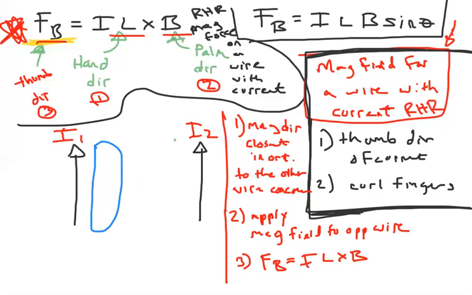And for I2, the most important direction for the magnetic field would be on that side. Does that make sense what I'm saying? Because this is the closest in orientation to this wire. This is going to be the closest in orientation to this wire. Does that make sense? Yes. Cool. But like I say, if we get this side, we can get this side. So we can get both.